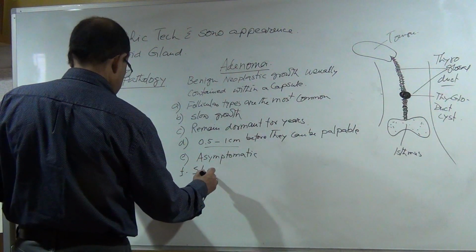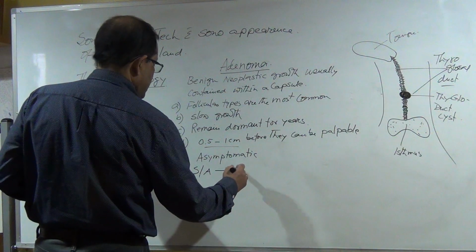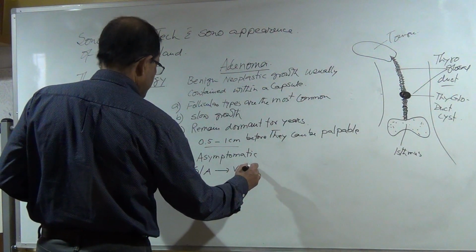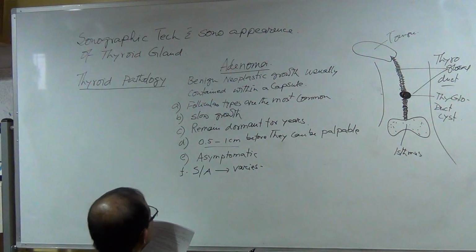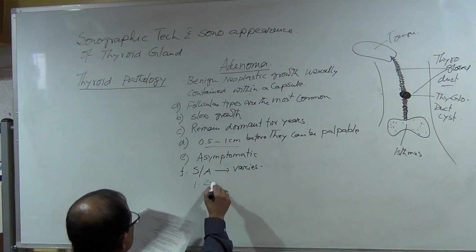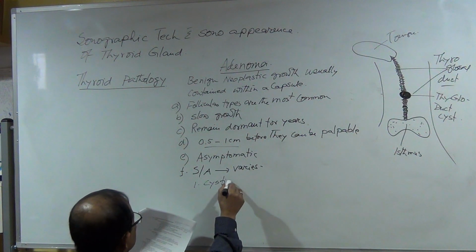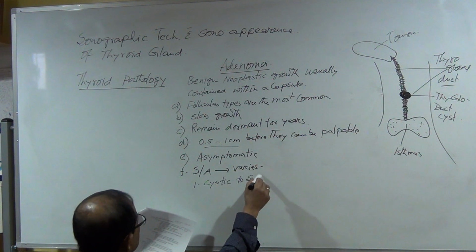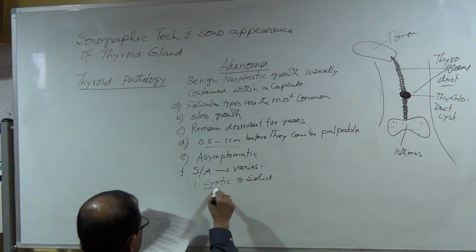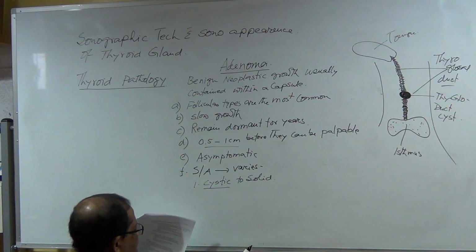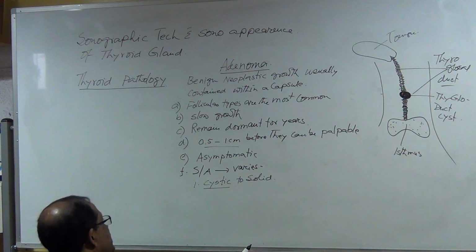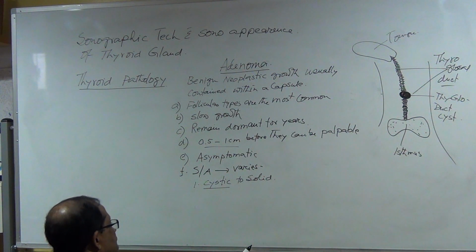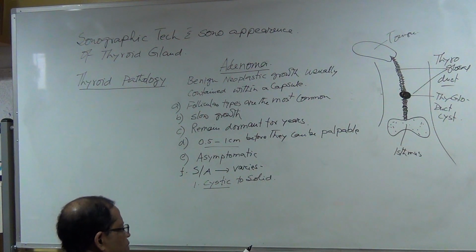Sonographic appearance greatly varies. It could be cystic to solid, it is very important. Lot of times you will say this is hypoechoic to anechoic, and you can get nervous, is it a cyst or a solid tumor?